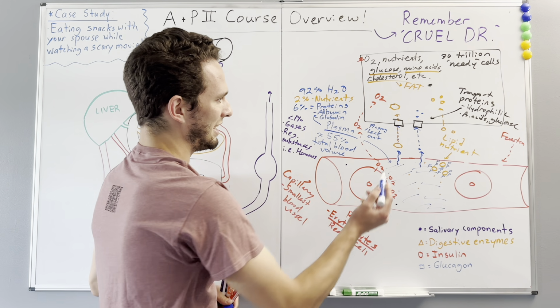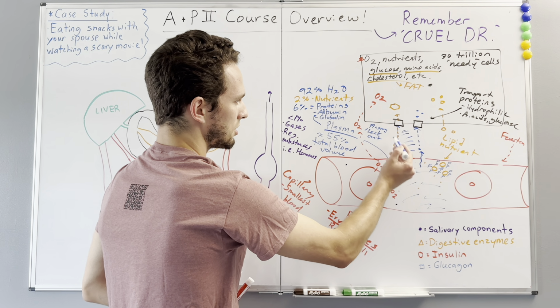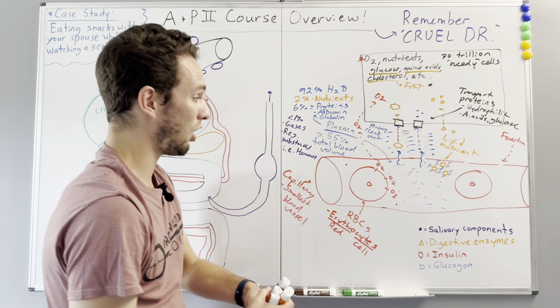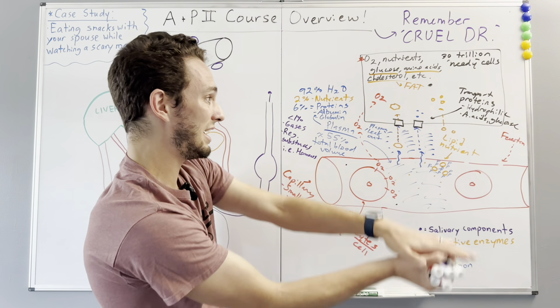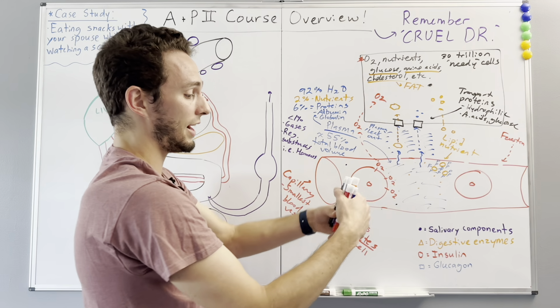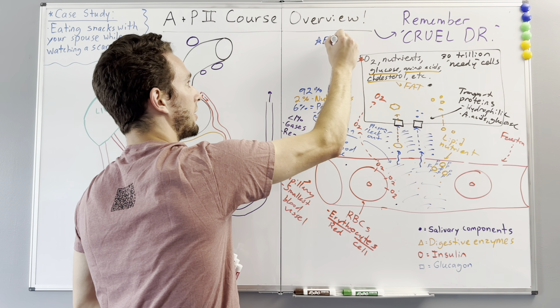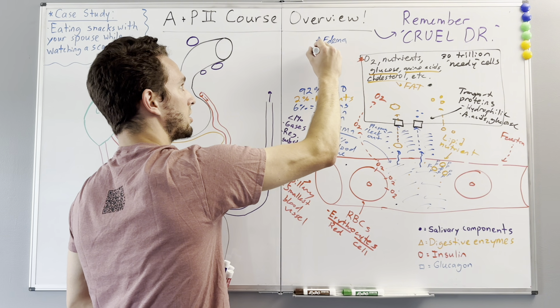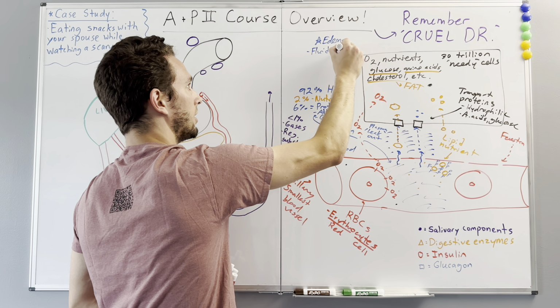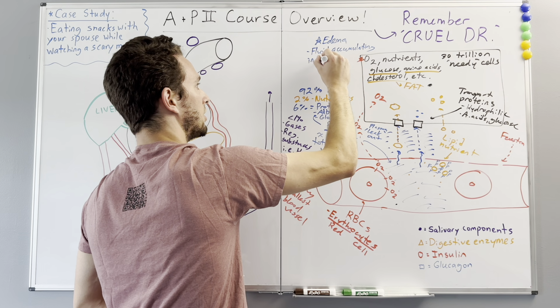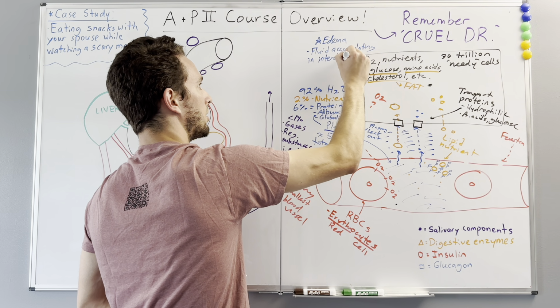Well, I told you it is leaking into this interstitial space. And that could become a problem, right? Because if all of the fluid is now out of our blood into this interstitial space, that causes a condition called edema. We're going to talk about that later on. Edema is basically fluid accumulating in that interstitial space.